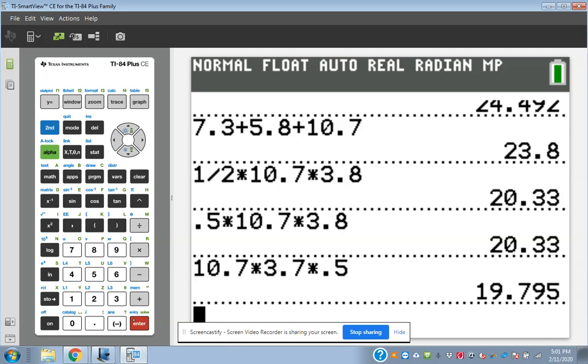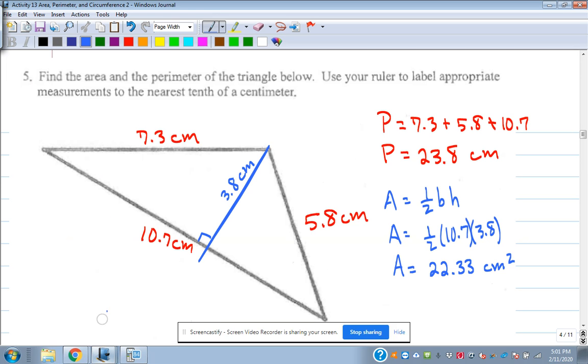So being precise with your measurements, that's one of the reasons, because if you're off by 0.2 on every measurement that you make, and then you do the area of it, you're going to be off by quite a bit. So that's one of the reasons to be real picky with your measurements.